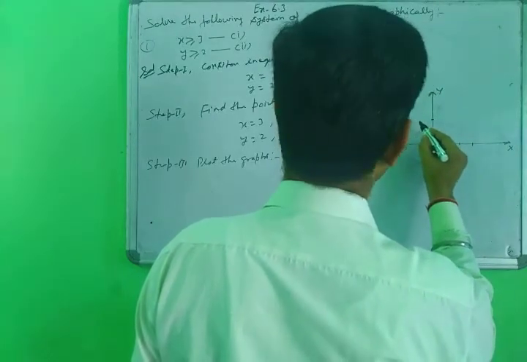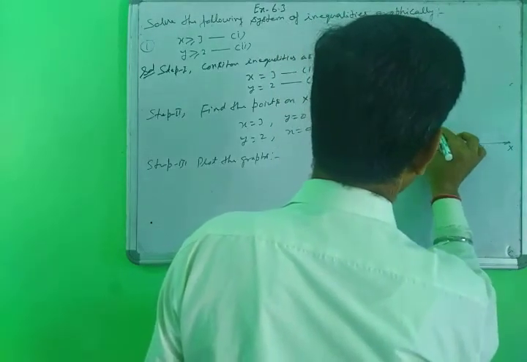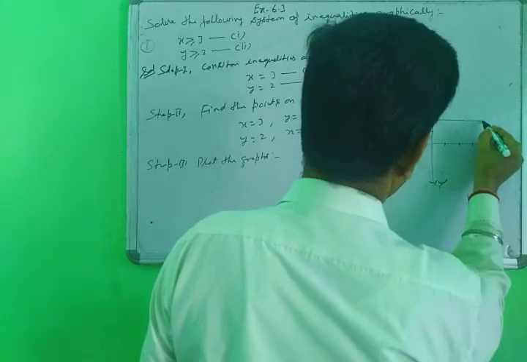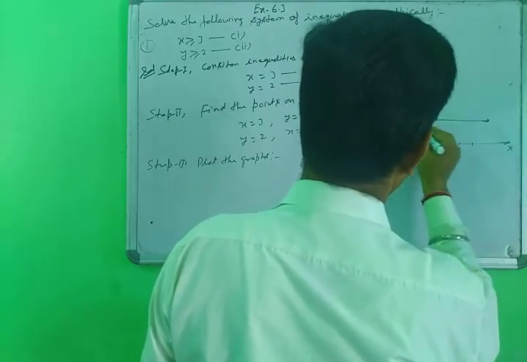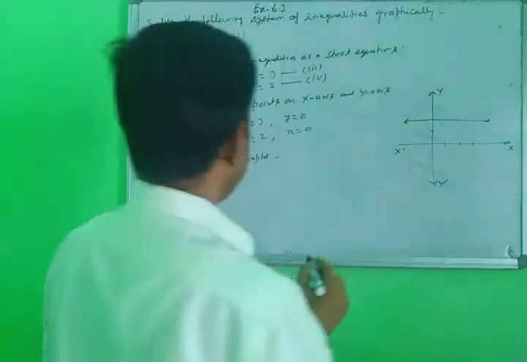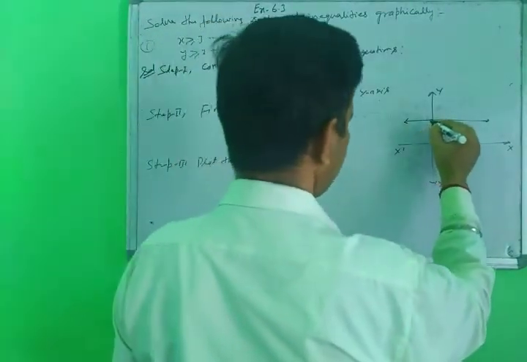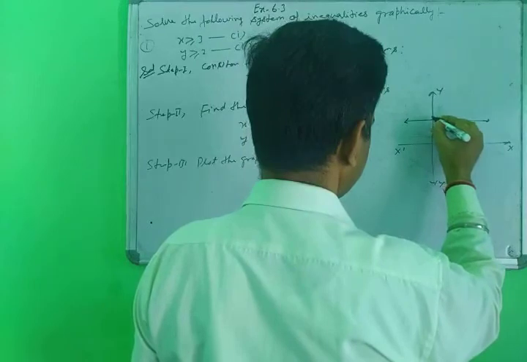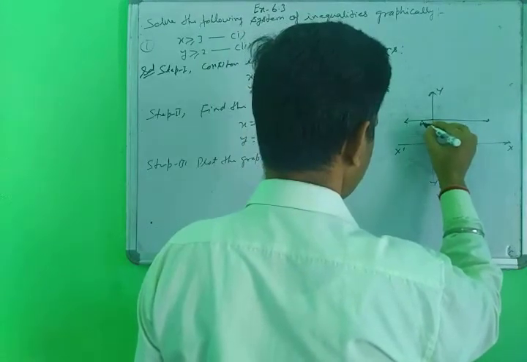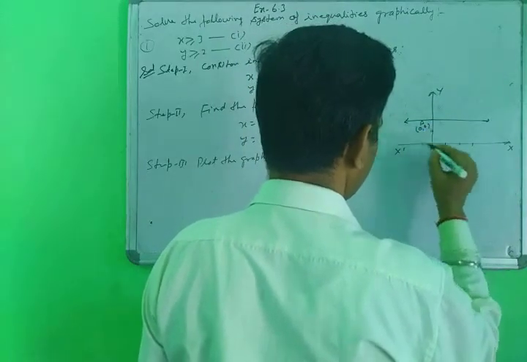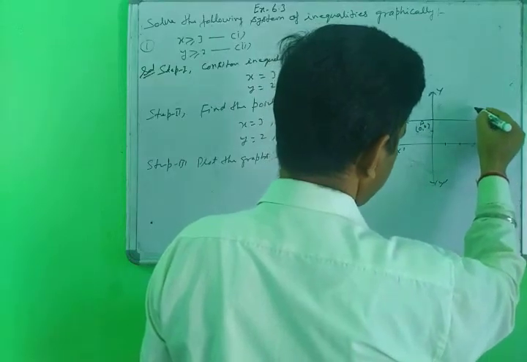When you draw y equal to 2, this is the graph of y equal to 2. This is point A, (0, 2). And this is the graph of x equal to 3.